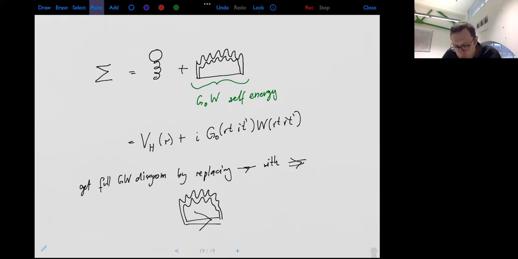And when we look at this expression here, you see that you have a product. We multiply G0 at time t and t prime with W at t and t prime. So you've got a product in time space. So what that means when you Fourier transform is you get a convolution in frequency space.